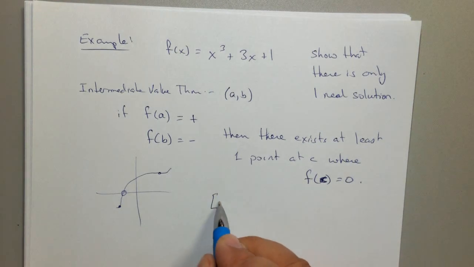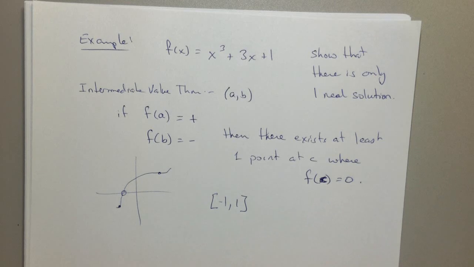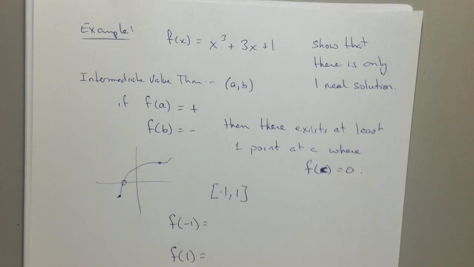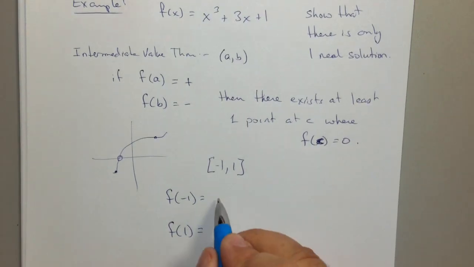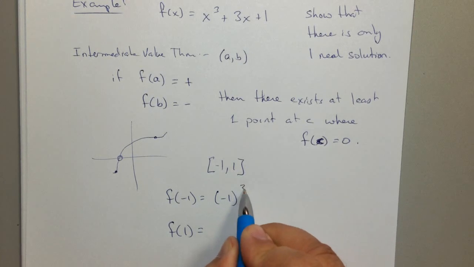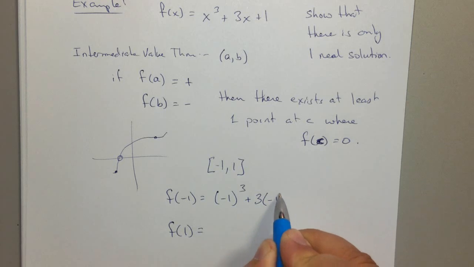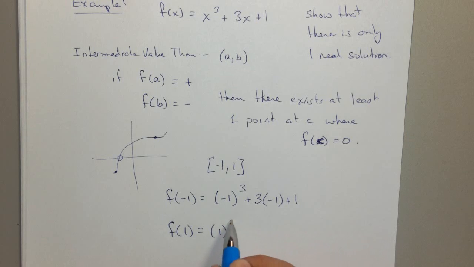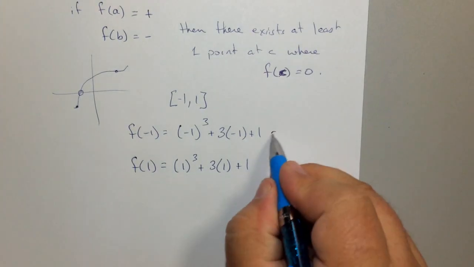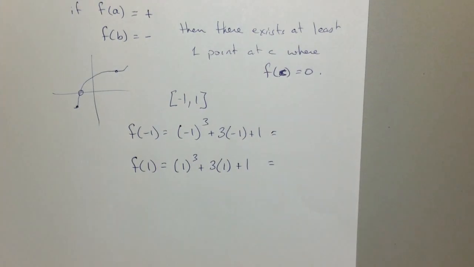I like to use negative 1 and 1. Negative 1 cubed plus 3 times negative 1 plus 1. Positive 1 cubed plus 3 times 1 plus 1. So go ahead and work that out.